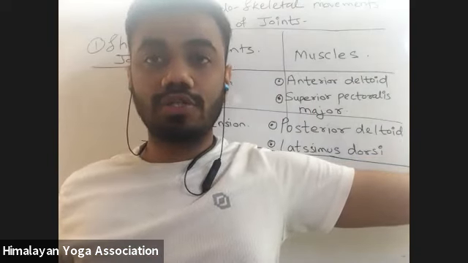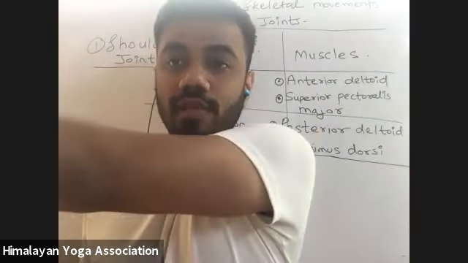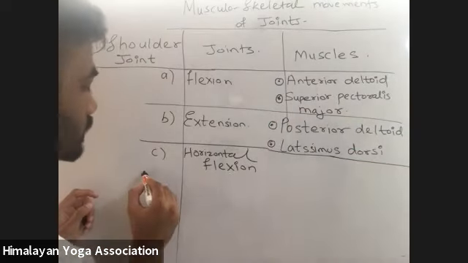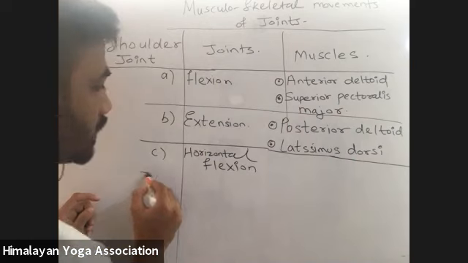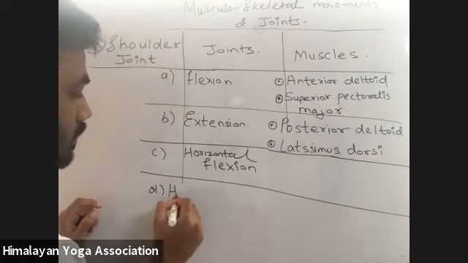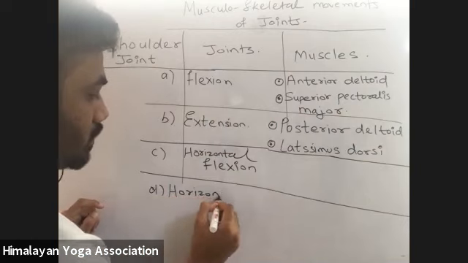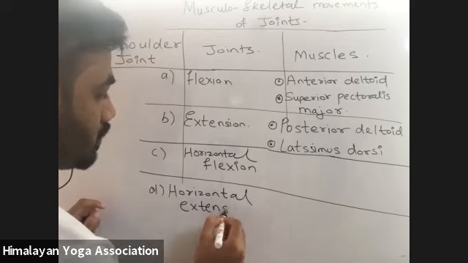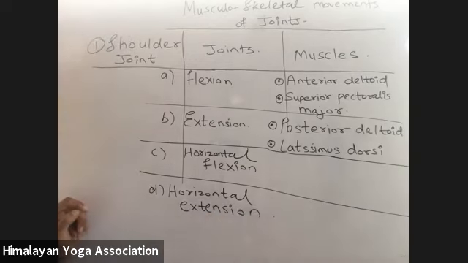So our shoulder joint can move horizontally, horizontal flexion and horizontal extension. I will write these two terms. Then I will write its muscles. Horizontal flexion and horizontal extension.